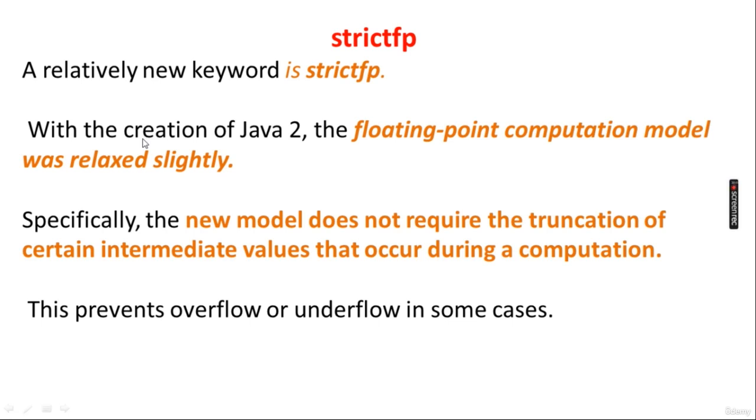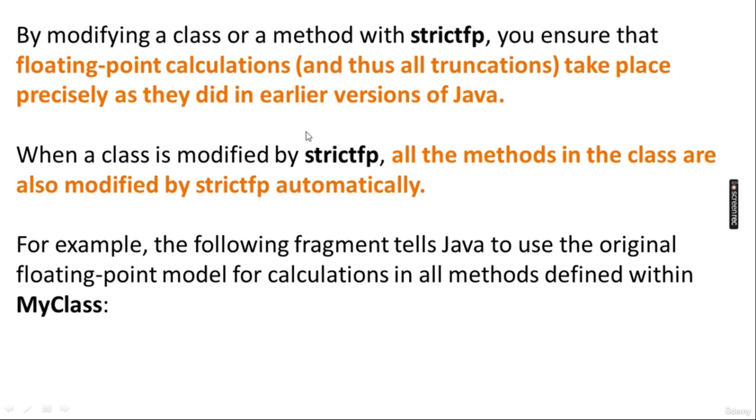By modifying a class or method with strictfp, you ensure that floating point calculations and truncations take place precisely as they did in earlier versions of Java, like before Java 2.